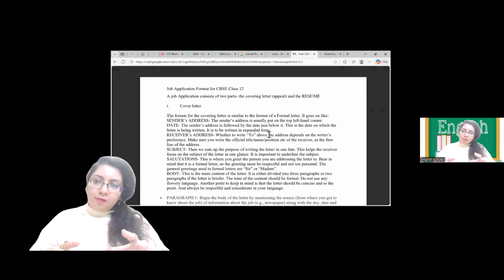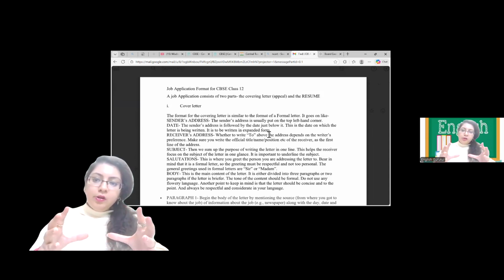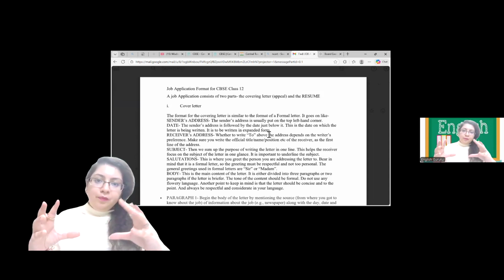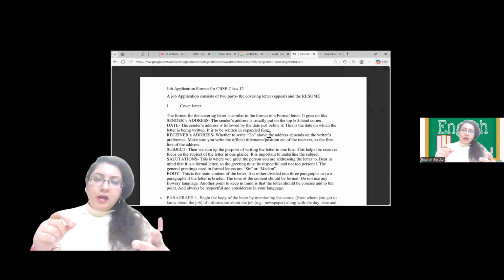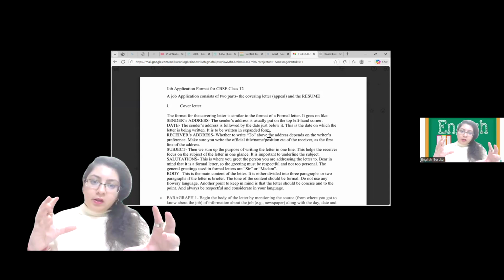The format would be the same. For the content, whatever qualities you have, you can pen down those qualities and let the recruiter know about them.